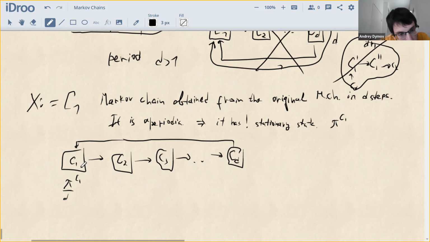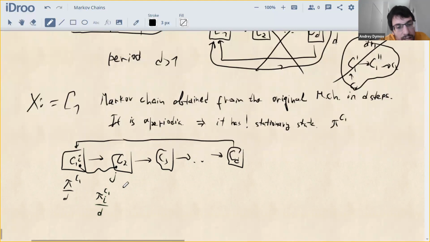So, for example, from this state of this block C1, you go to that state. And if this was state I, let me denote this state by J. Then the stationary distribution of I, this was pi I C1, and then I normalized it over D, right?